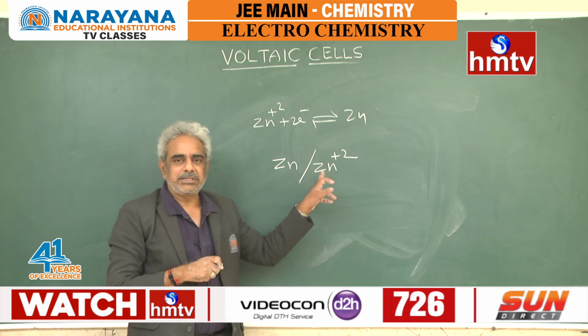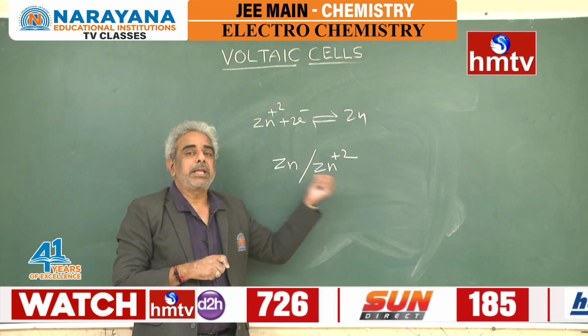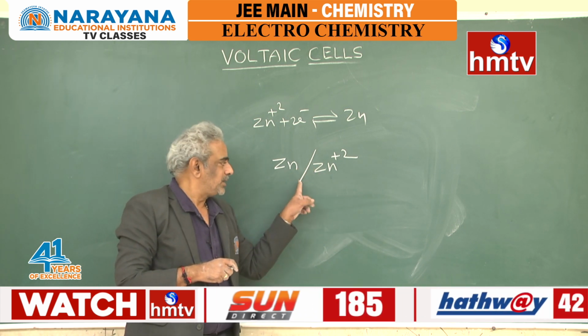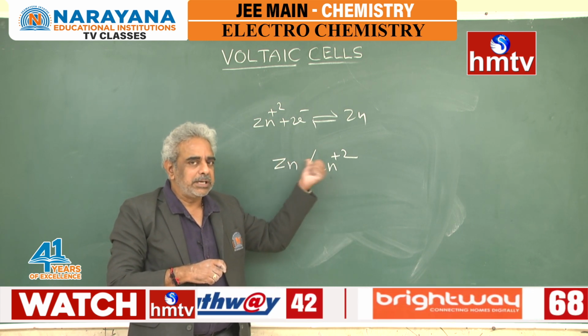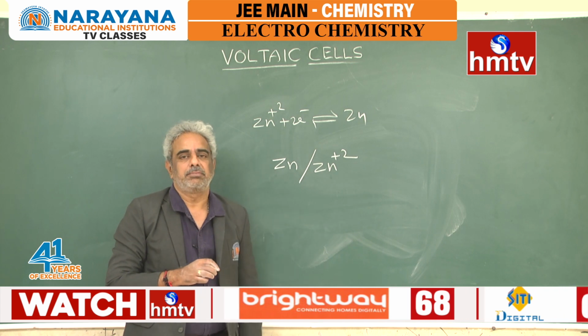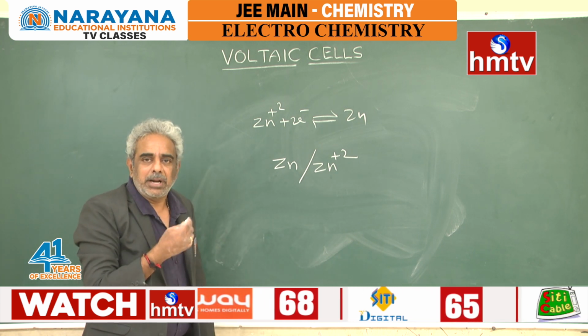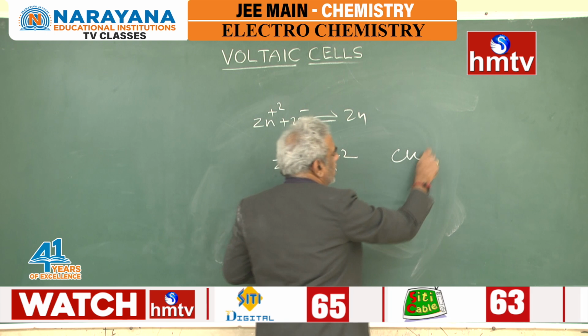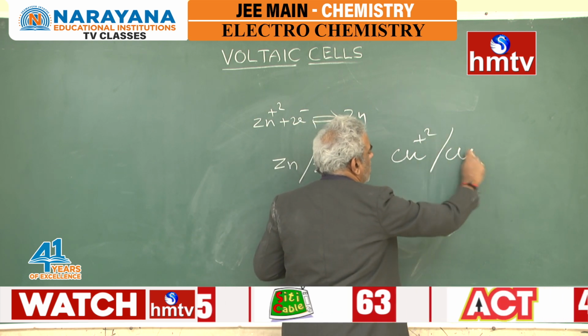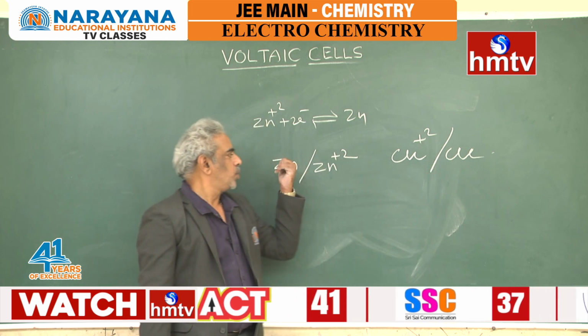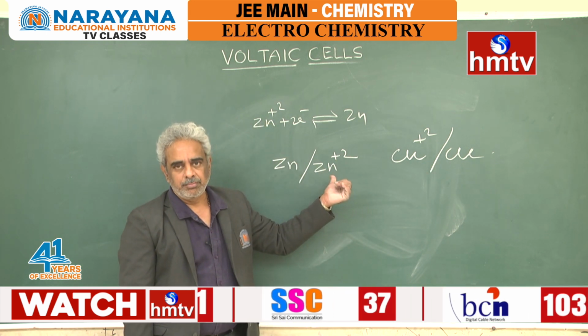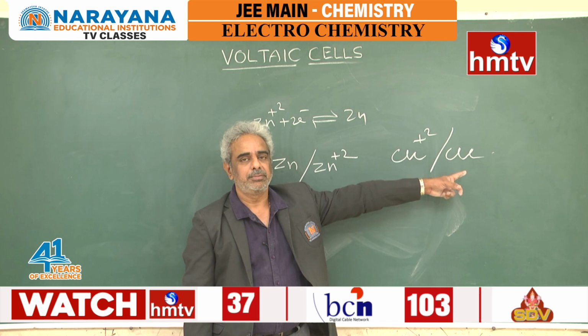This represents a zinc electrode. This line represents who are in contact. Zinc metal is in contact with zinc ions. How to show the copper electrode? Copper metal in contact with copper ions. See, I showed the reduction direction here; there I showed the oxidation direction, but they are in contact.